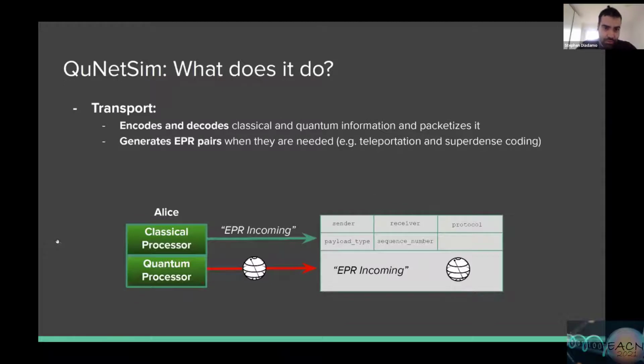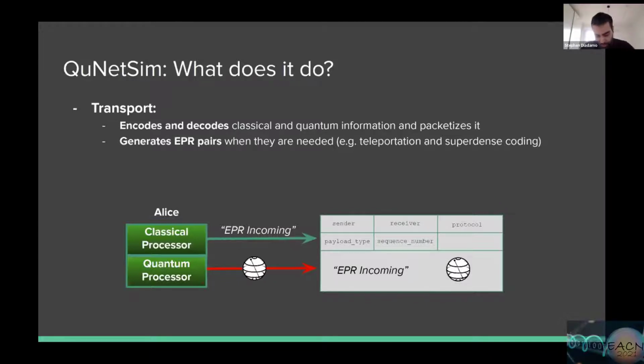The next layer of QuNetSim is the transport layer. QuNetSim is kind of packet-based, where we encapsulate all these transmissions into packets. This transport layer is there to encode the classical and quantum information, packetize it, and add the header information to the packets. But on top of that, it also verifies that things that need entanglement, for example teleportation, have entanglement.